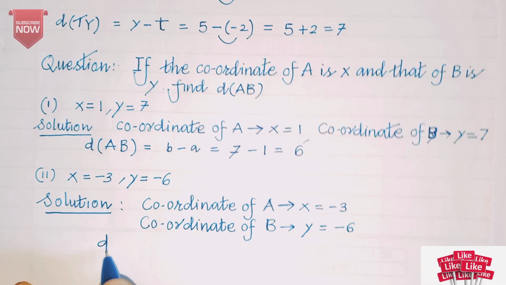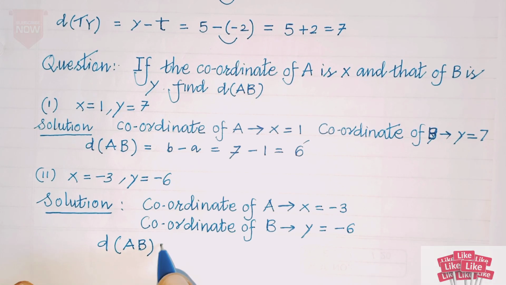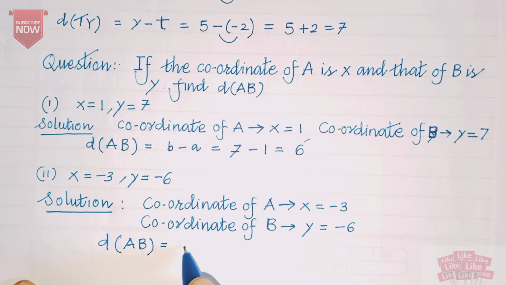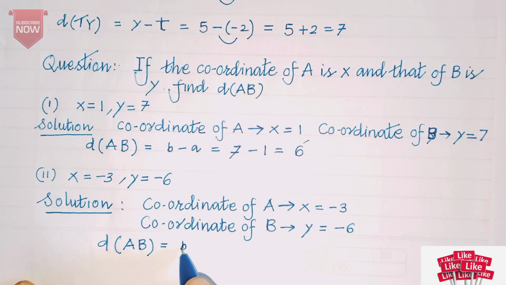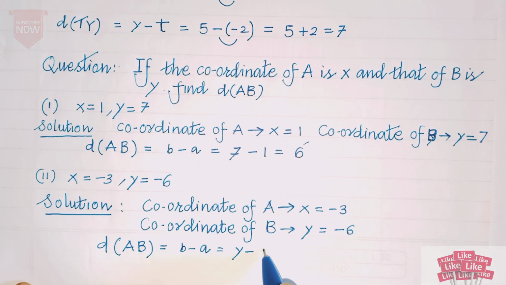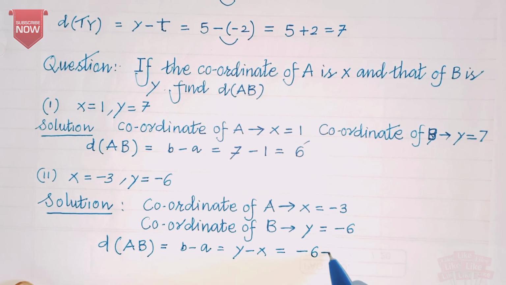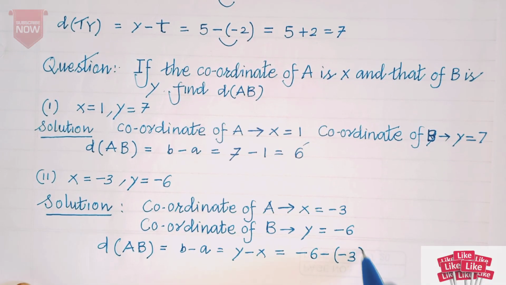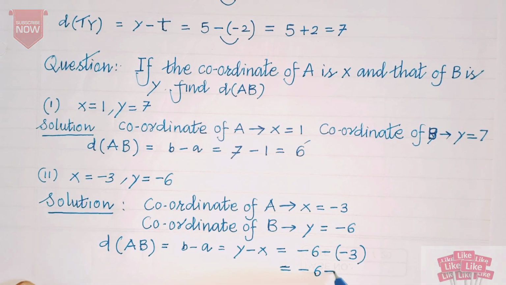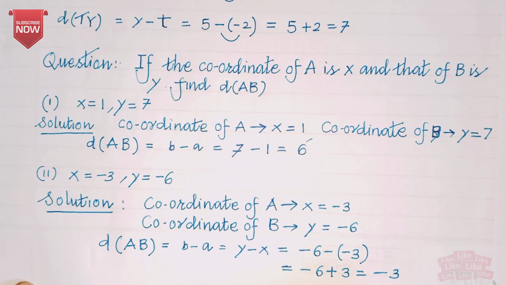So the distance AB is B minus A, that means y minus x: minus 6 minus of minus 3, which is minus 6 plus 3, equal to minus 3.